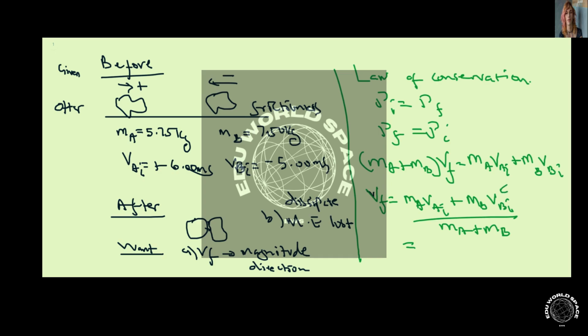This will be a minus, so we have 5.75 kilograms times positive 6 meters per second, minus 7.50 kilograms times 5 meters per second. We already dealt with the minus, and you divide all of that by the sum of the two masses, 5.75 kilograms plus 7.50 kilograms.